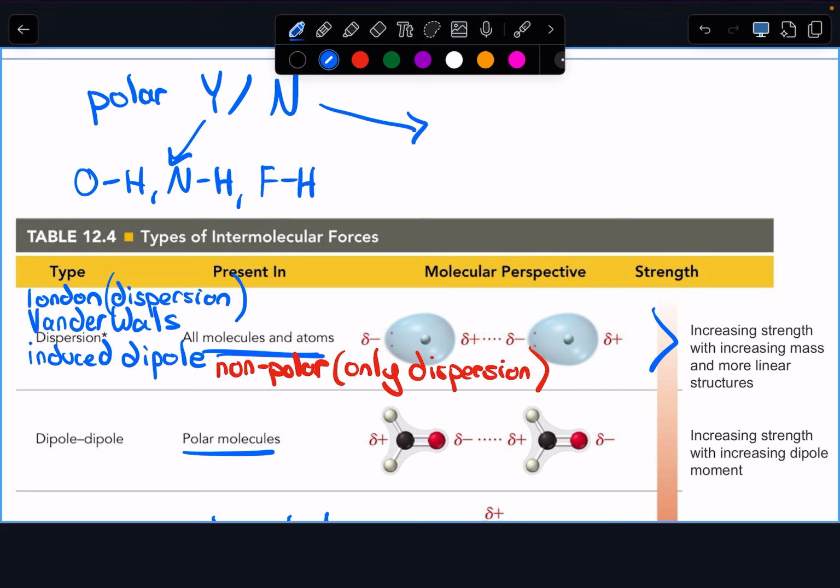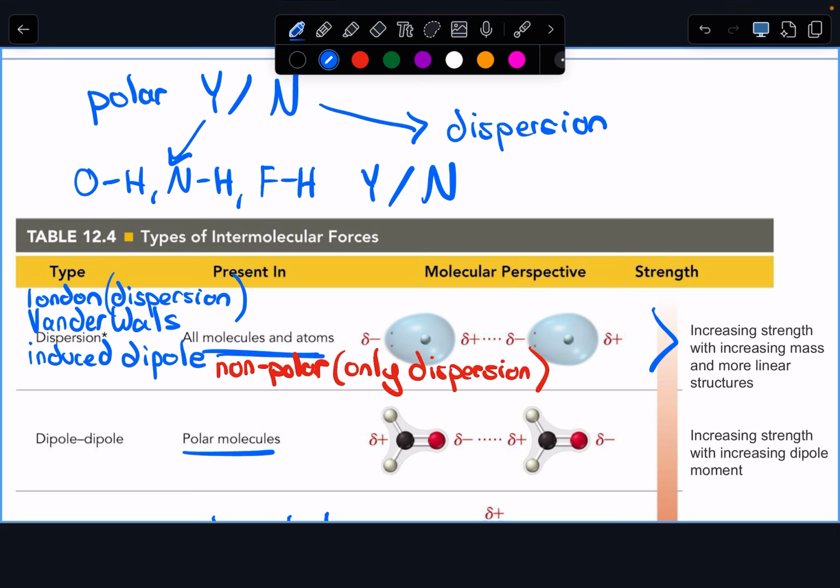If it's not, then you know that it's just dispersion forces.